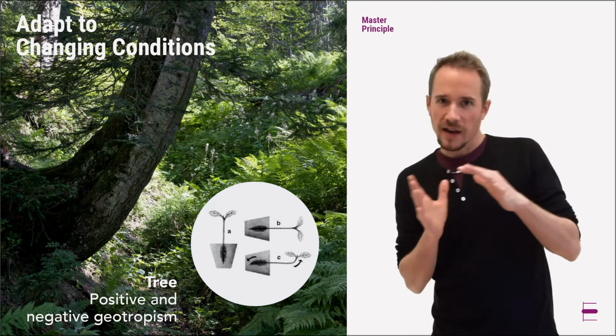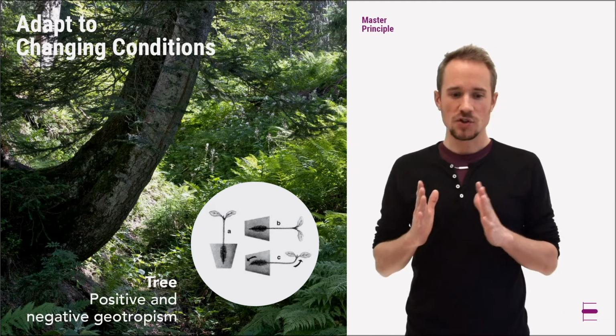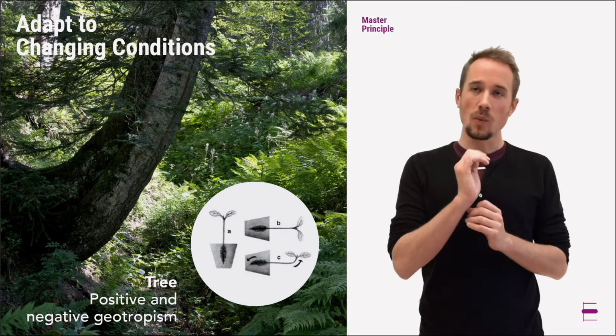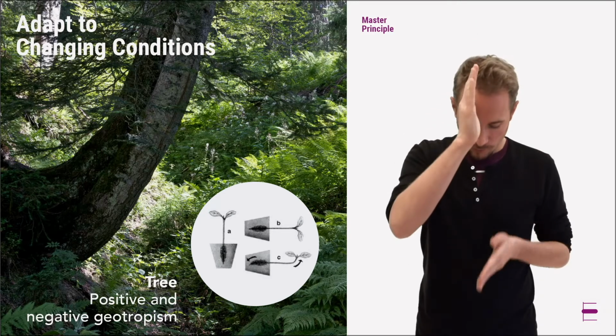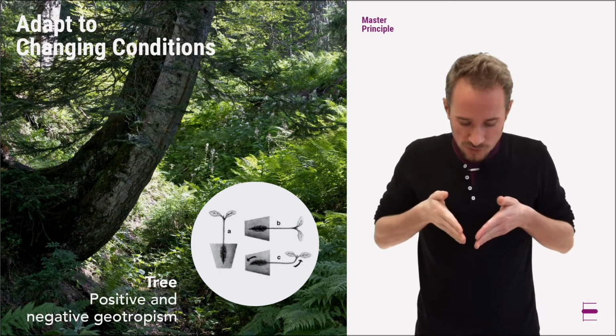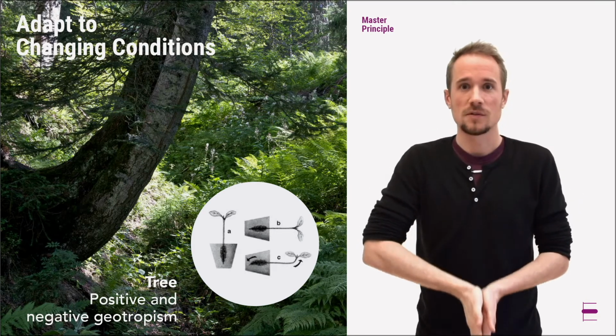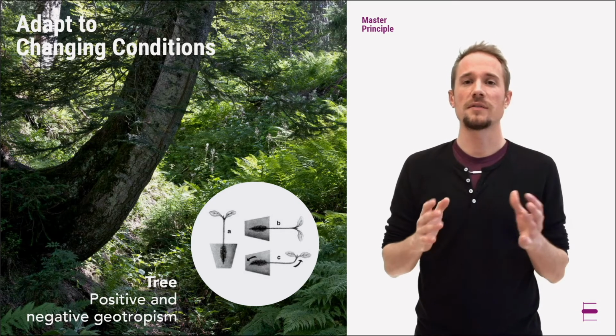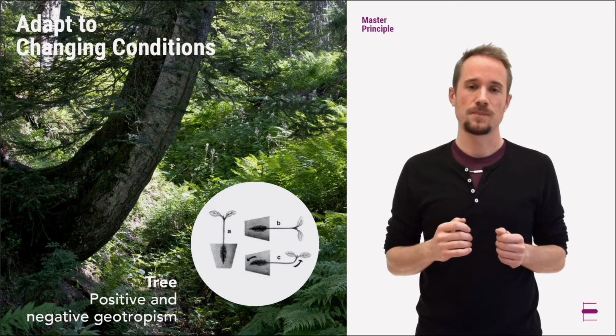How does it decide where to grow, what direction? It tries to grow exactly away up from Earth's core and down into the roots, exactly down towards Earth's core. So that's positive and negative geotropism.